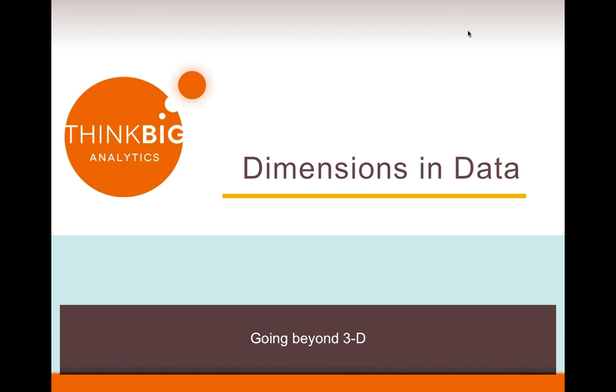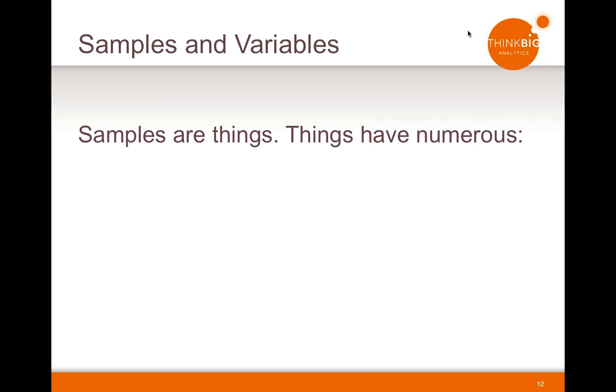So, dimensions in data. We just talked about those pictures of three-dimensional objects, but data goes beyond 3 dimensions. Those were more examples just to understand intuitively what it is we're talking about. Now we're going to expand and go into many and many dimensions. What do we mean, though, when we talk about dimensions in data? With data, we have samples, and samples have variables.